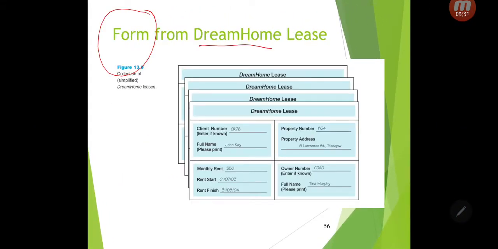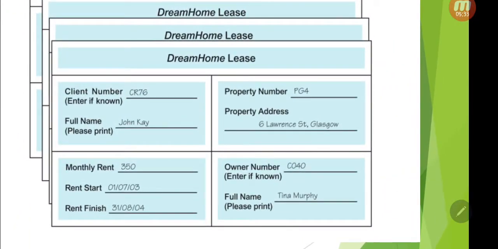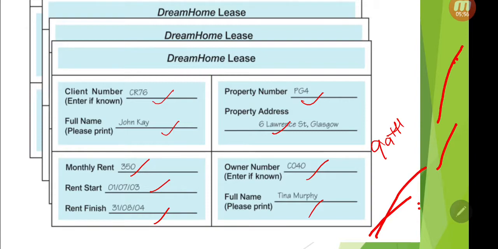For example here, in this form we have client number, full name, property number, property address, monthly rent, rent start, rent finish, owner number, and full name. So we have 9 attributes.